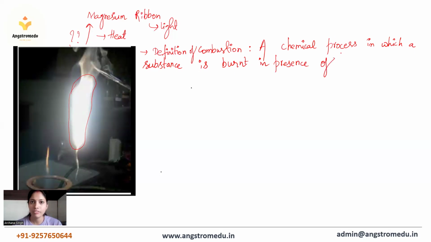See, this is magnesium ribbon. We are burning it. Where are we burning? In open air. Where are we burning coal? Open air. Where were we burning the candle? Open air. In open air, you have a mixture of gases. But the only gas which is very important for combustion is oxygen. Humans also need oxygen, and for combustion also oxygen is very important, right?